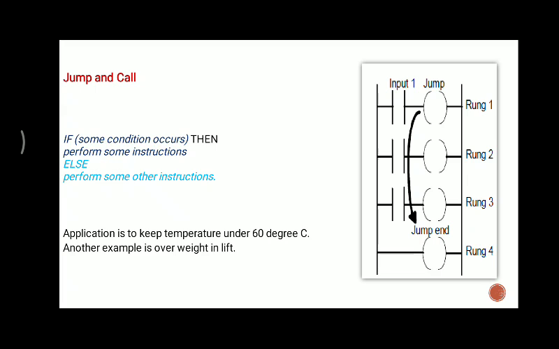If the weight in the lift is above 1 ton, it will take the jump action and move to jump rung 4, and it will start a sound, or start alarming, that the lift is overweight. So like this it works. It's nothing but jump and call.